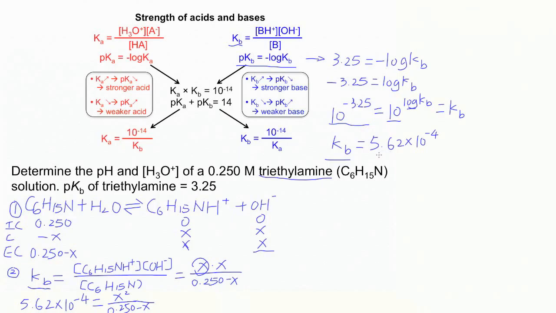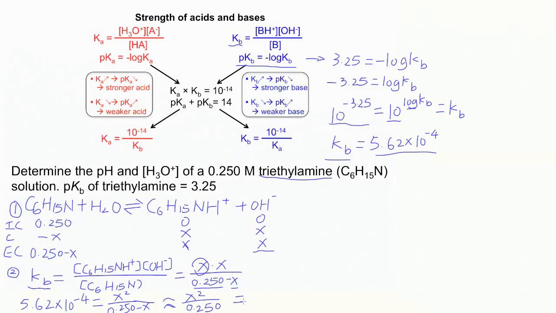Since the Kb is very small, it's reasonable for us to make the assumption about x. So we treat x as a very small number. When you have a big number minus a very small number, approximately that would be just the big number itself. So approximately that is x squared over 0.250.